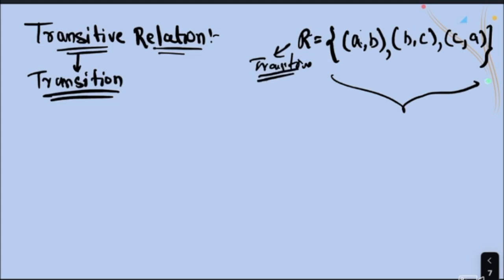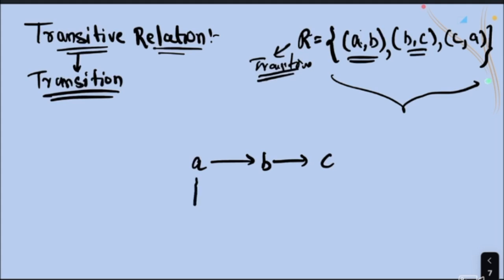Imagine there are three places. You are moving from A to B. This represents moving from A to B location. What will this represent? Moving from B to C location.